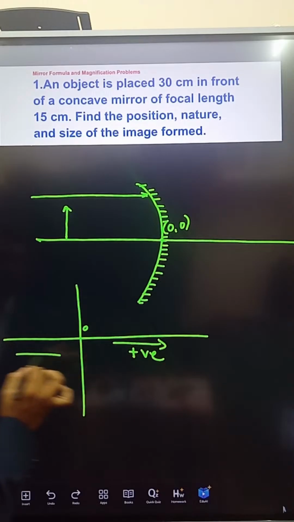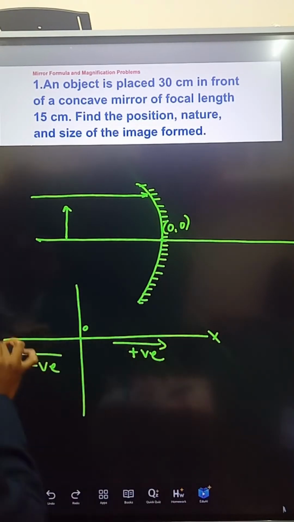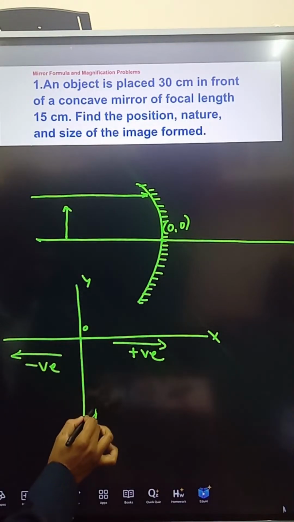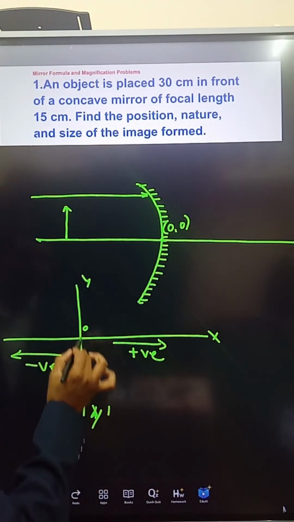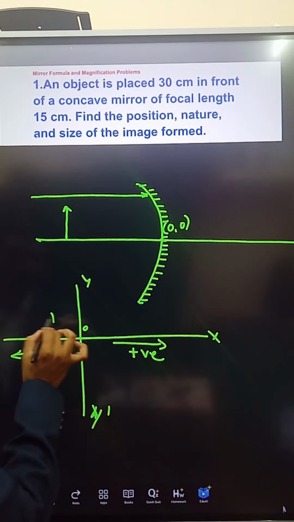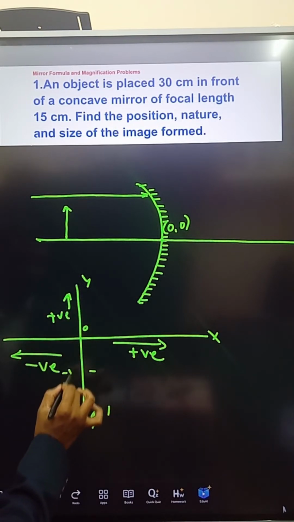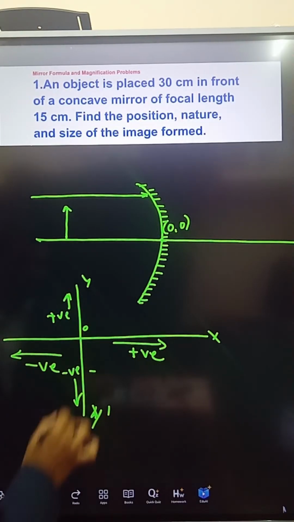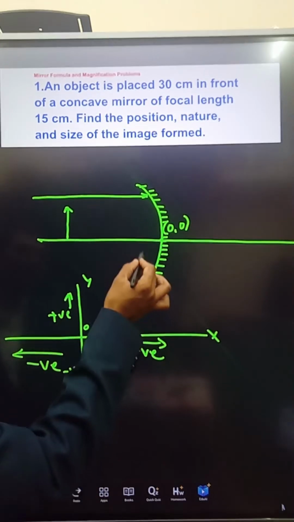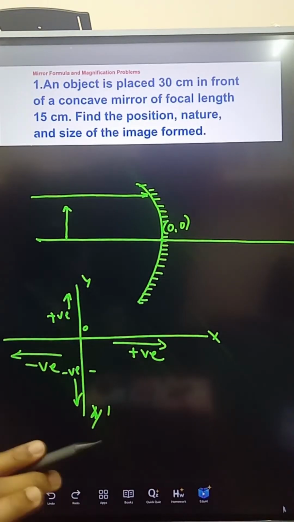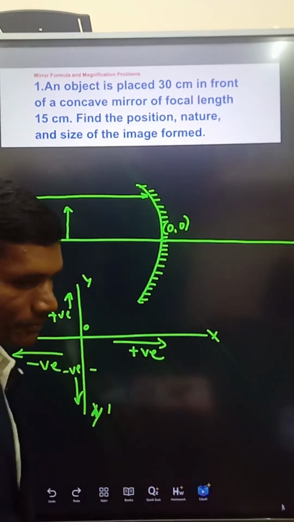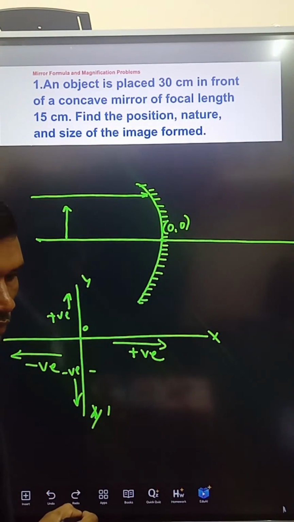Here, negative values, that is x dash, right? Next, coming to y dash. Here, positive values go in the upward direction and negative values in the downward direction, right? We know this already. In the same way, here also, just like a graph, you have to consider this as origin.